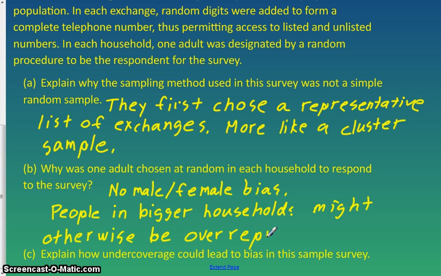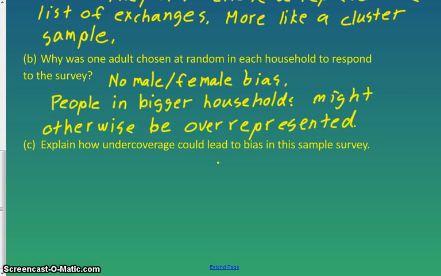Meaning, if instead of choosing one adult, what if I called and I said I want to speak to every adult? Well, suddenly you're more likely to get brought into this if you live in a big household because they happen to call your number and then everyone in your house gets a strong opinion there. Right? And then explain how undercoverage could lead to bias in the sample survey.